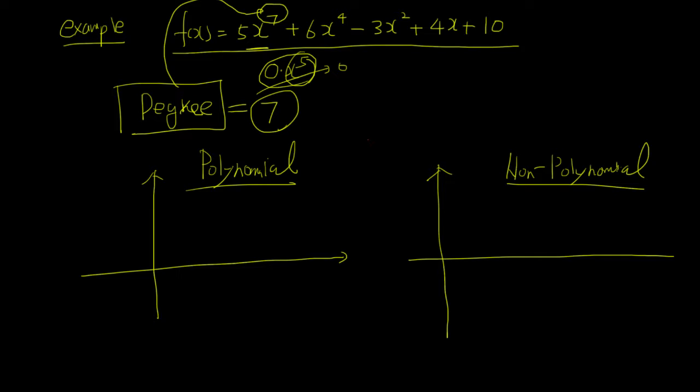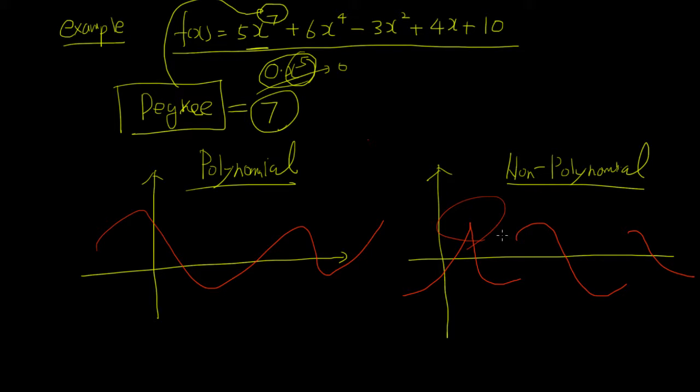Then a polynomial graph is a smooth, continuous graph like that. A non-polynomial graph will have certain changes like that, some discontinuity, right? It changes suddenly like that and it's discontinuous here and here. So polynomial means it's going to be a smooth continuous curve.